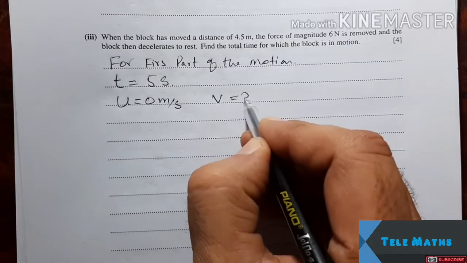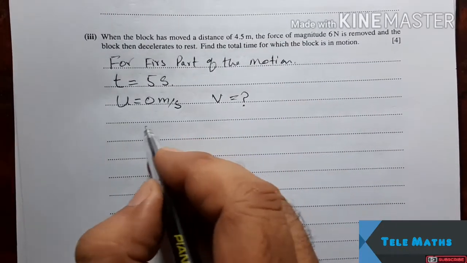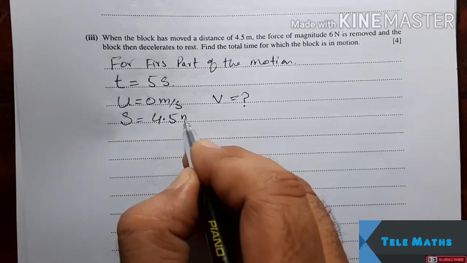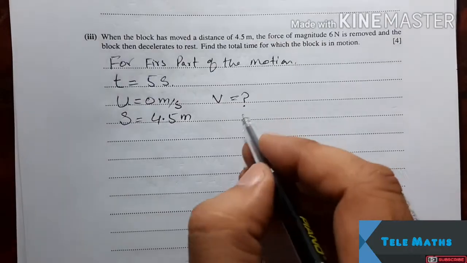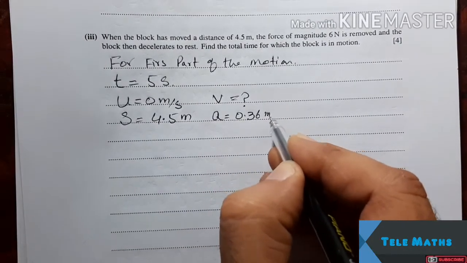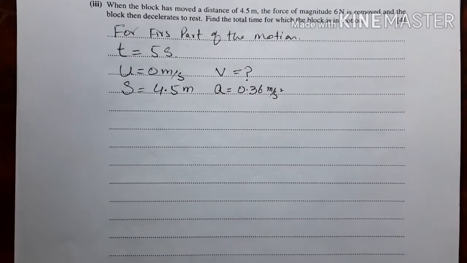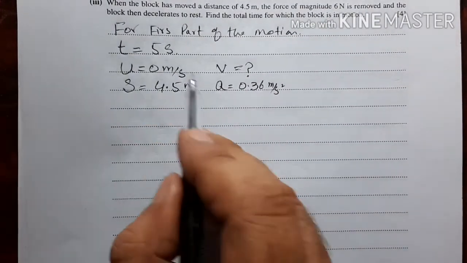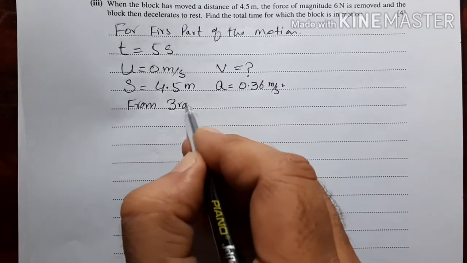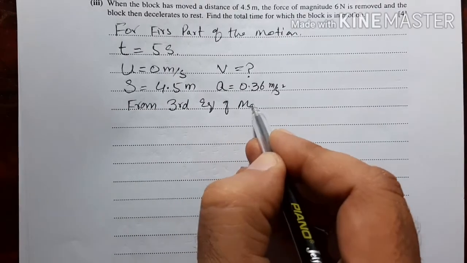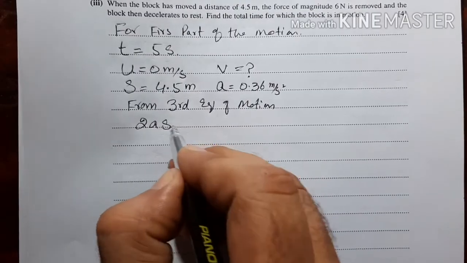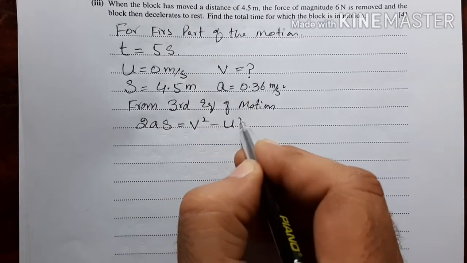We need to find the distance. We know the particle covered 4.5 meters and the acceleration of the particle was 0.36 meters per second squared. This is from the previous part. So from the third equation of motion, 2as is equal to v squared minus u squared.